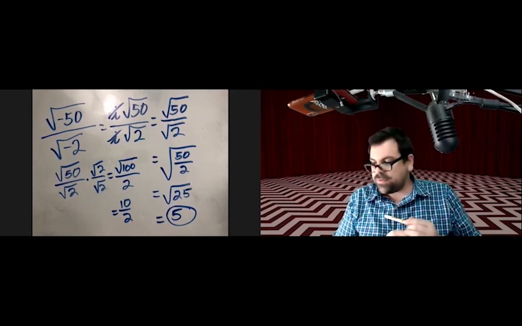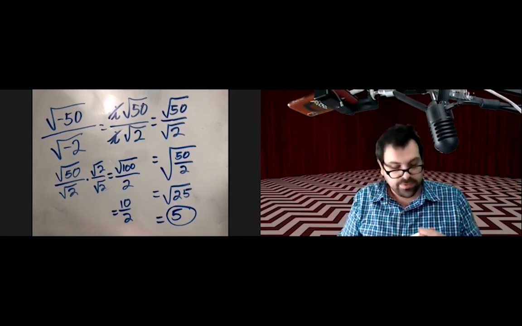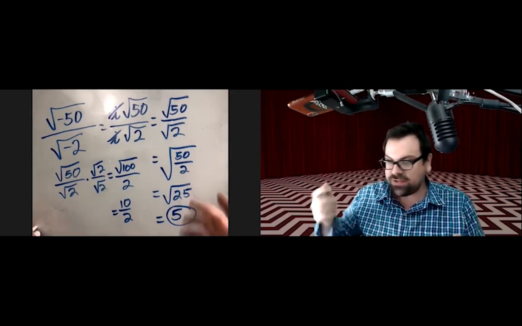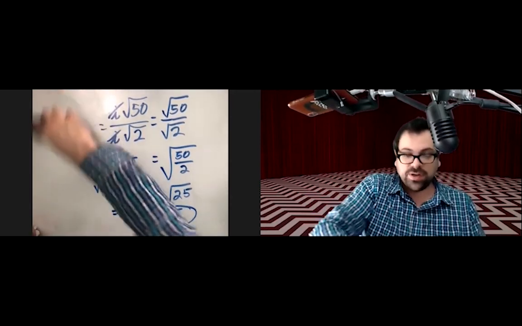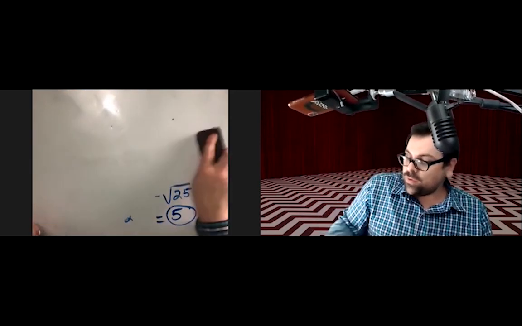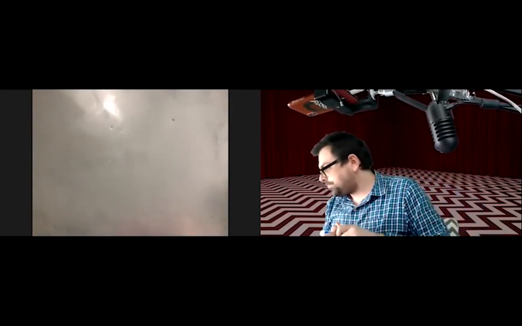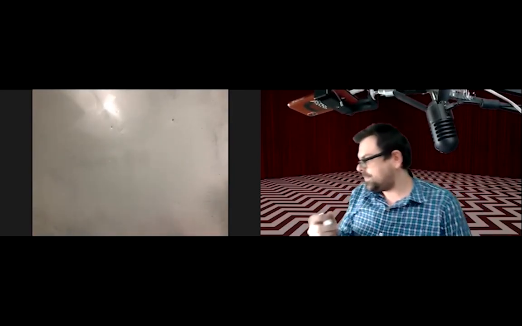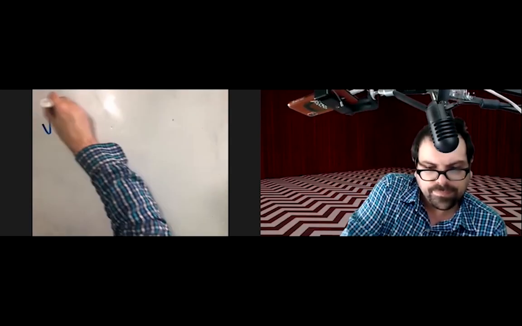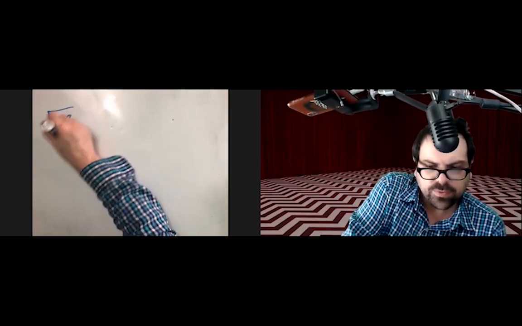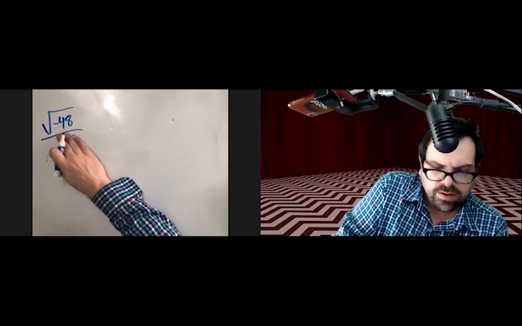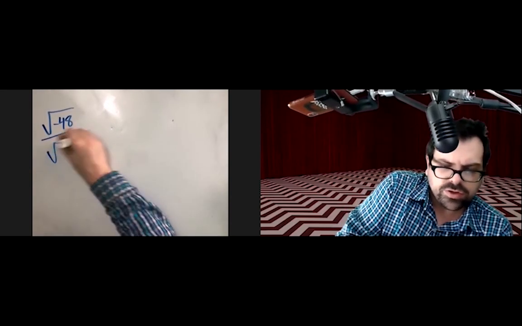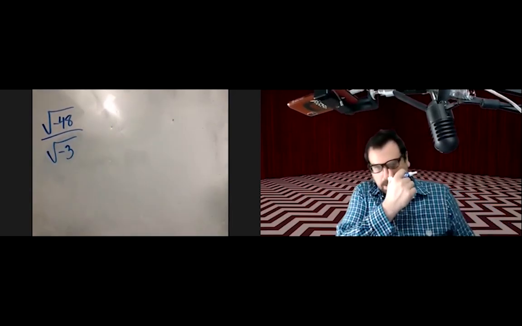Either way, we want to get the most simplified answer possible, without perfect square factors under a square root, and without square roots in the denominator. Square root of negative 48 over the square root of negative 3.